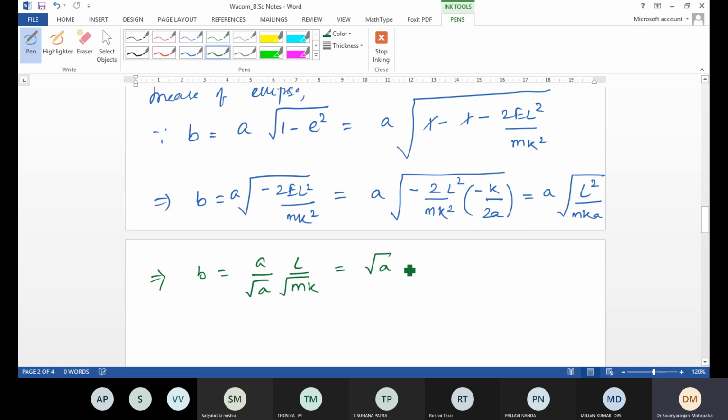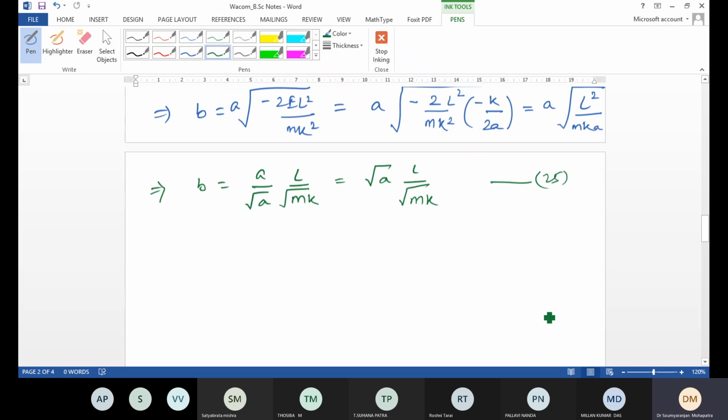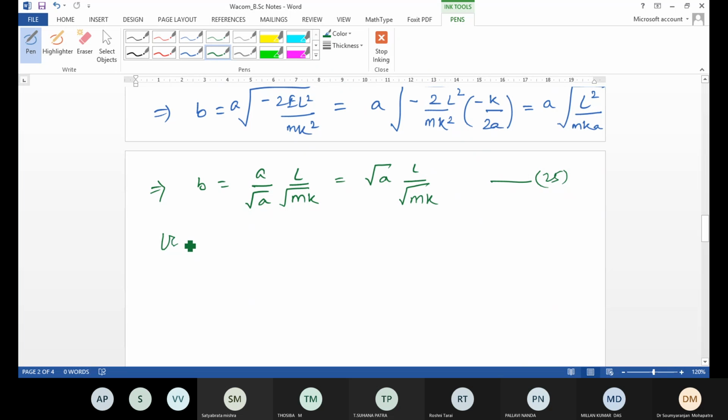So this is root over of A L by root over of MK. Give this equation number 25. Use this equation 25 in equation 24 for the time period. So what will you get?